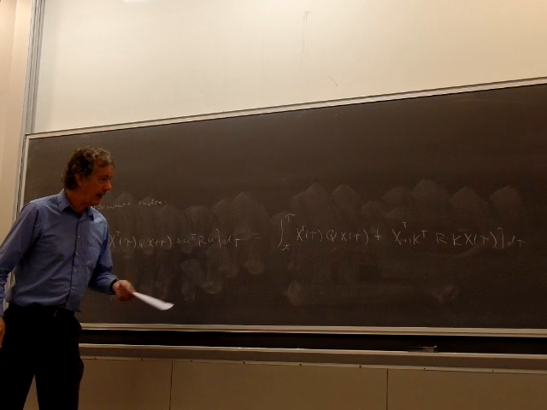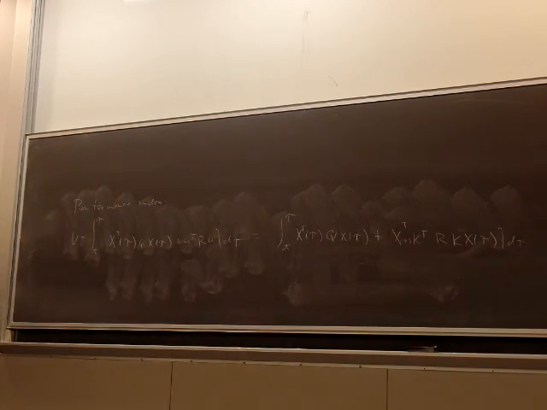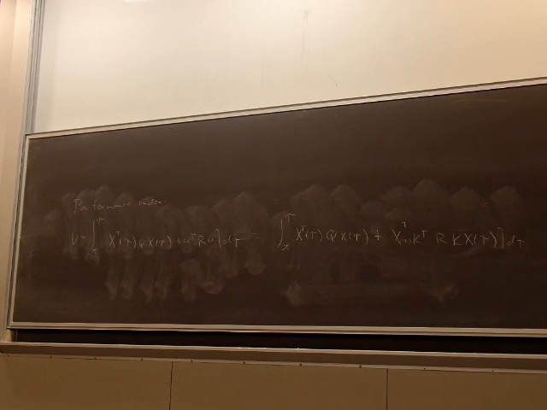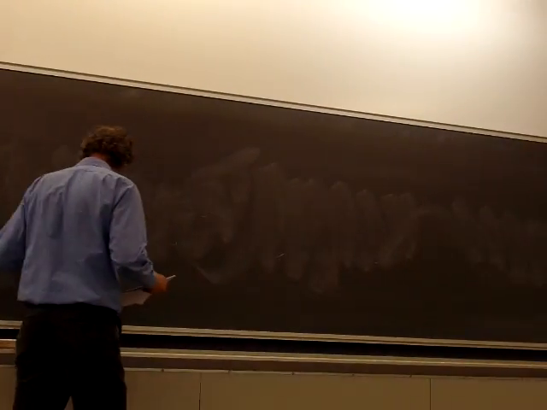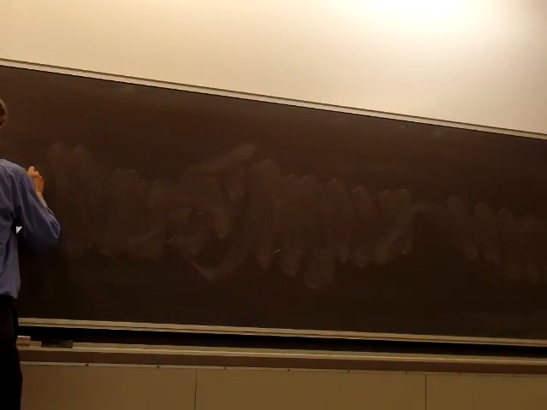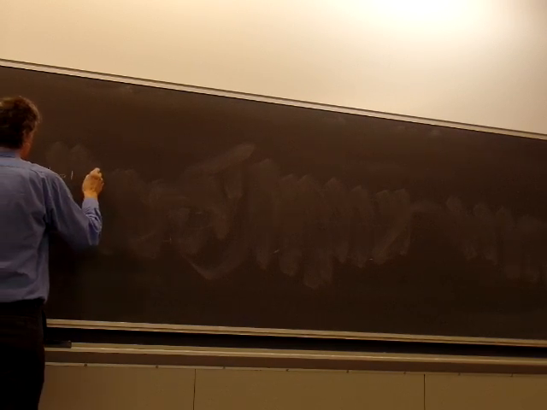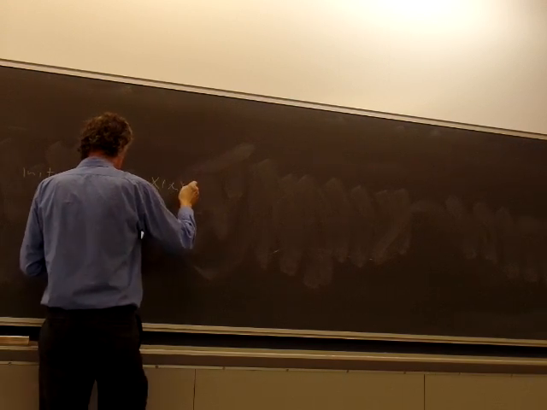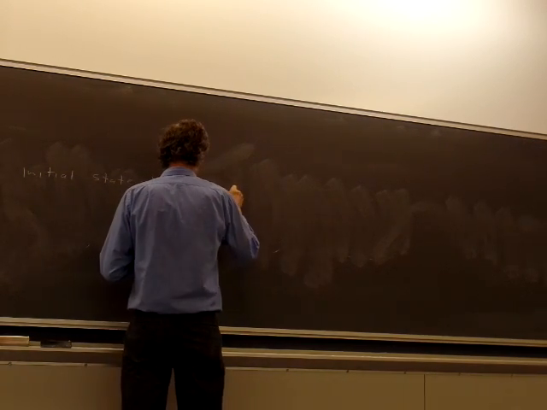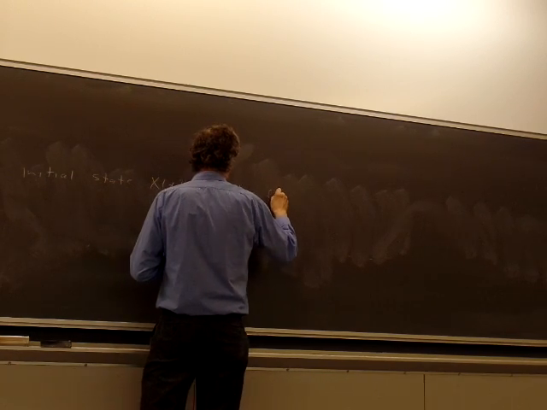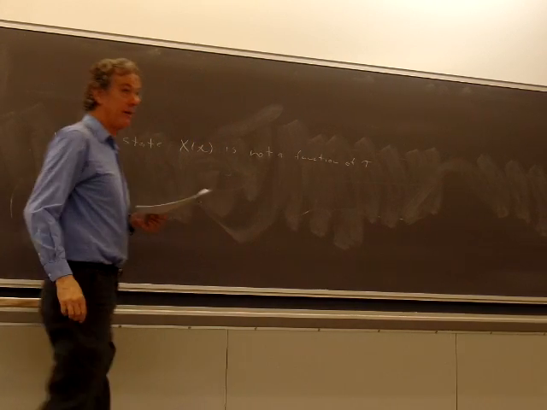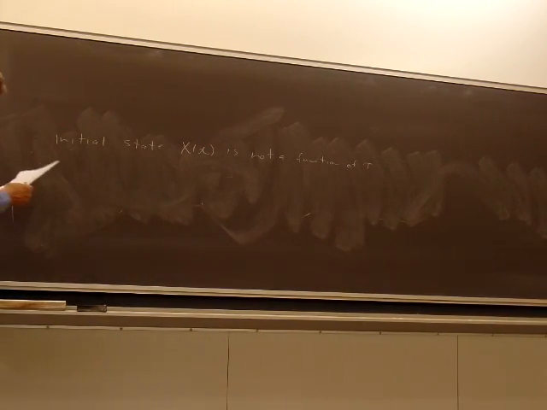I'm integrating over tau, so the initial state of x isn't part of the integral, so I can pull it out. It's a function of the initial time, so it can come out.